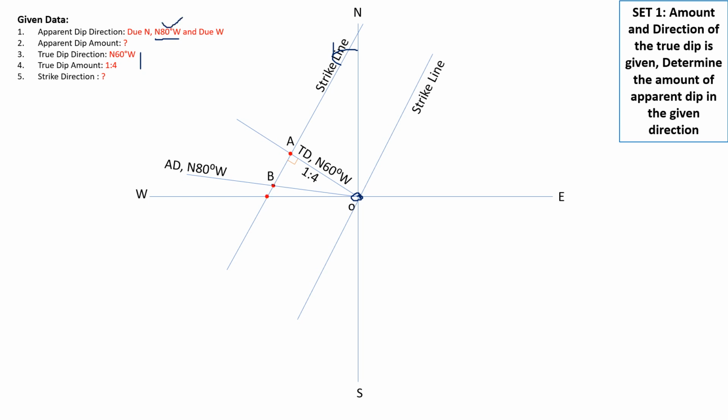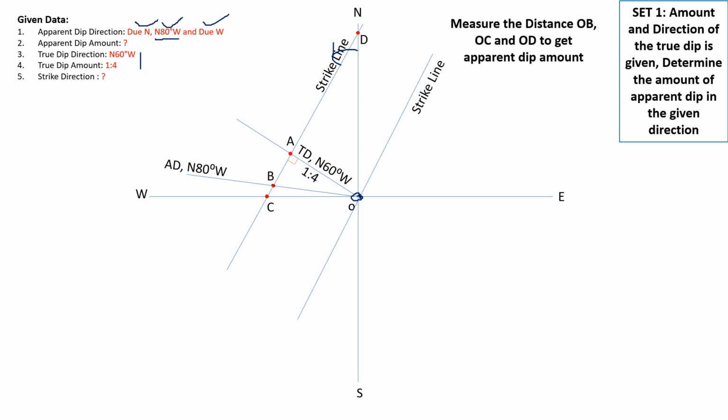Same way, I'll measure it for due west. Wherever the strike line is cutting this west line, I'll be marking it as point C. If I measure the distance OC, I'll get the apparent dip amount due west. And same way for the north line, if I measure the distance OD, I'll get the apparent dip amount in the direction of due north.